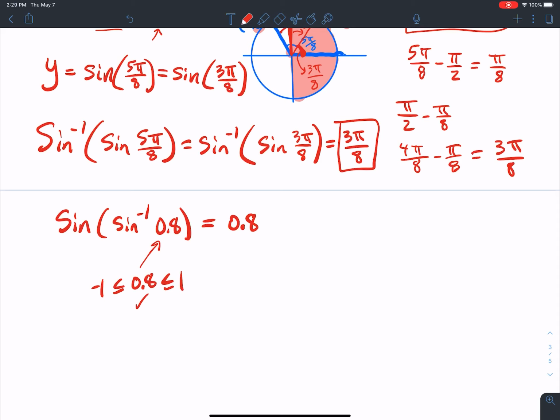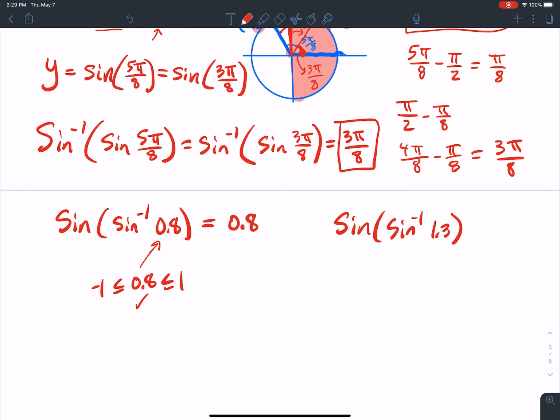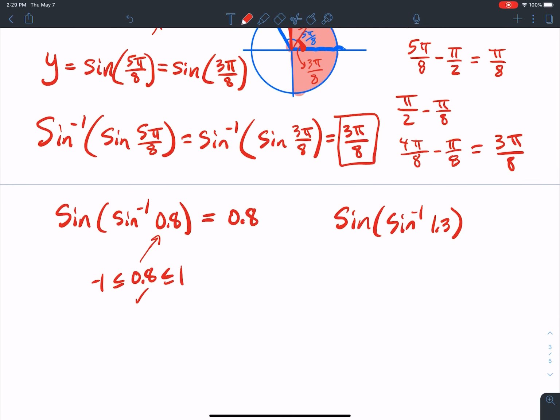However, say I had a problem like sine inverse of 1.3. If I try to do this, I do the sine inverse 1.3, close parentheses, enter, and I get not a number. No matter how much you do here, 1.3 is not in the domain of sine inverse x.